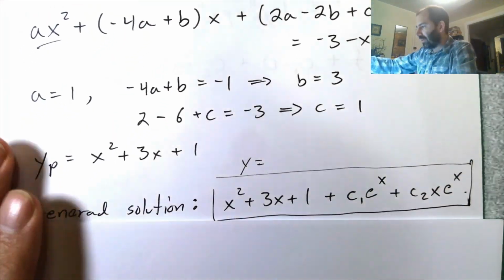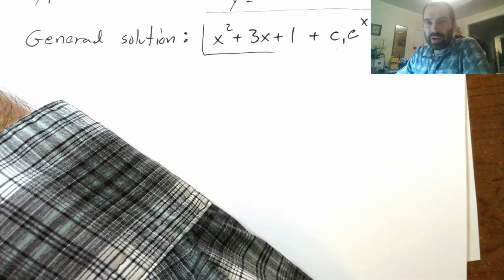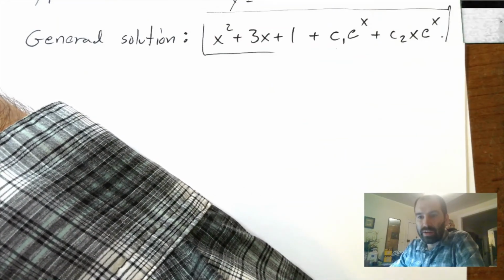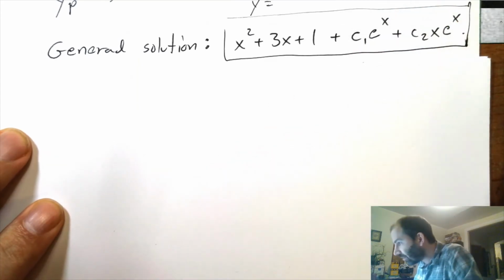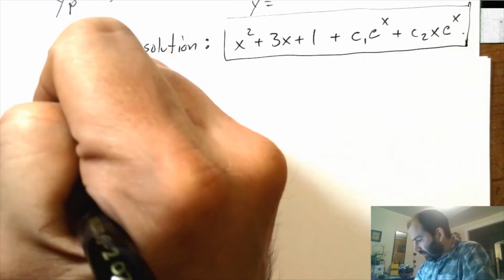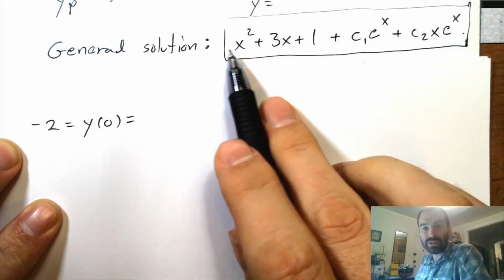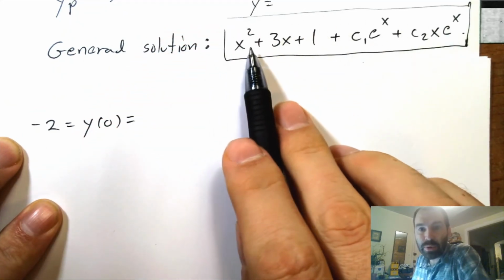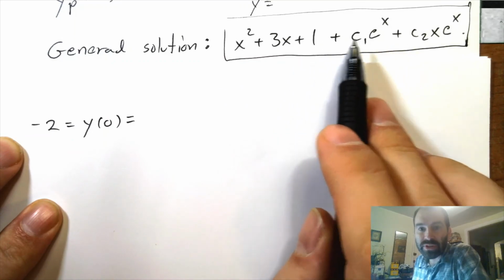Oh boy, running out of space here. y of 0 equals -2. All right, so -2 equals y of 0. But y of 0 is what I get when I plug 0 in here. So most of this stuff is gone, right? I just get 1 plus c1.